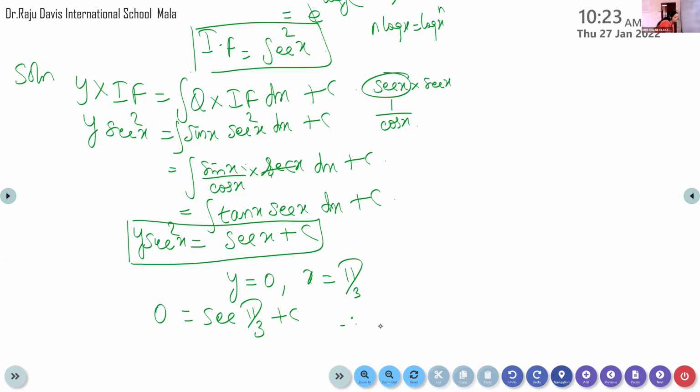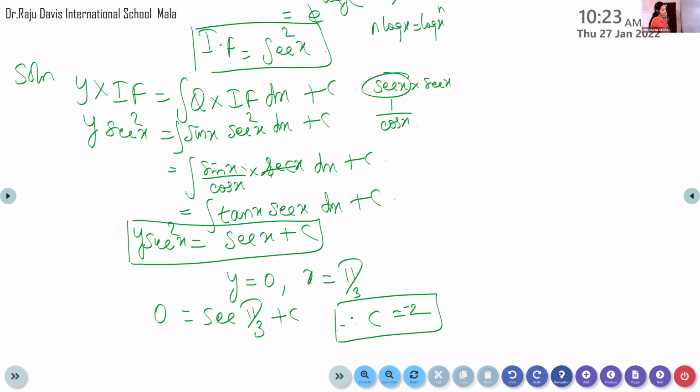Therefore, what is the value of c? What is cos pi by 3? Cos pi by 3 is 1 by 2, isn't it? So sec, its reciprocal, is 2. So c is minus 2.